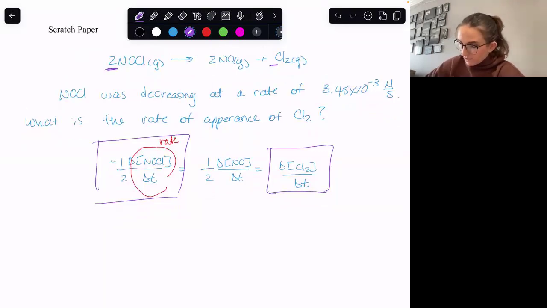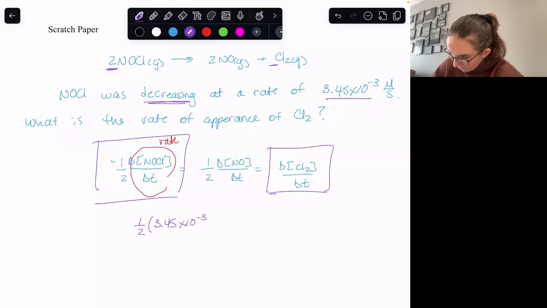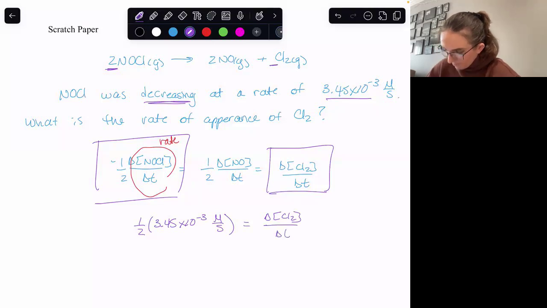So if we were to plug this in, when it tells you that the NOCl was decreasing at a rate of this, that's already telling you it's negative. So you can say that 1/2 of 3.45 times 10 to the negative 3 is equal to the change in Cl2 over the change in time.